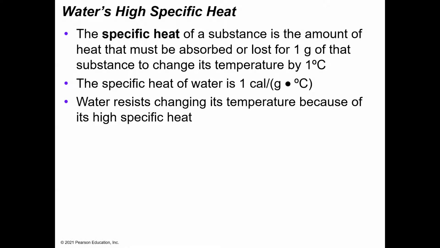Now, water's specific heat is 1 calorie per gram per 1 degree Celsius. And believe it or not, it's actually quite high. Alcohol, for example, is 0.6. I think acetone is even lower.